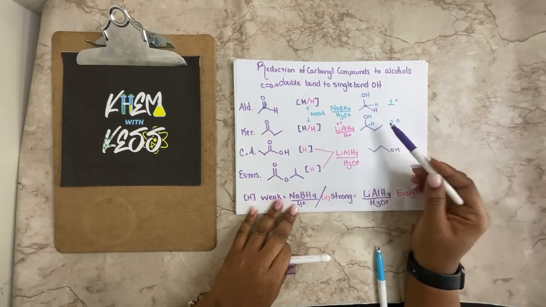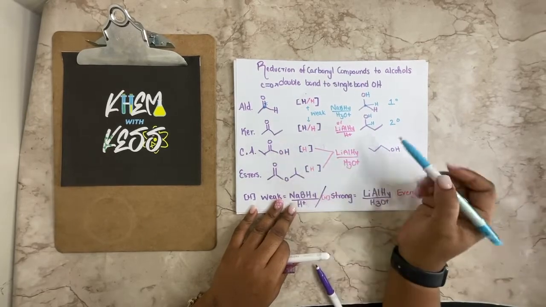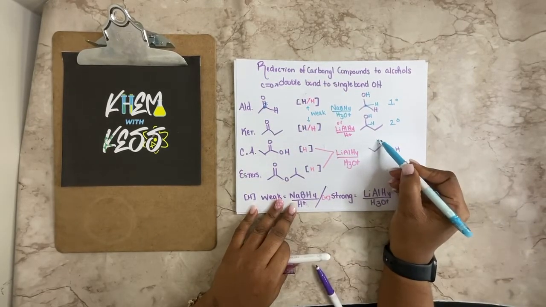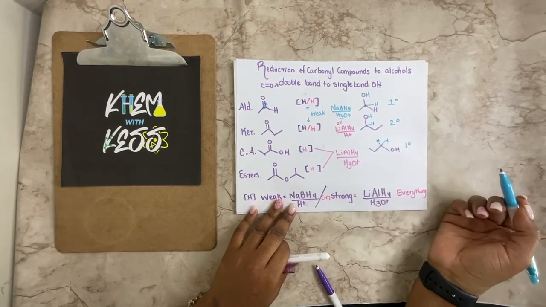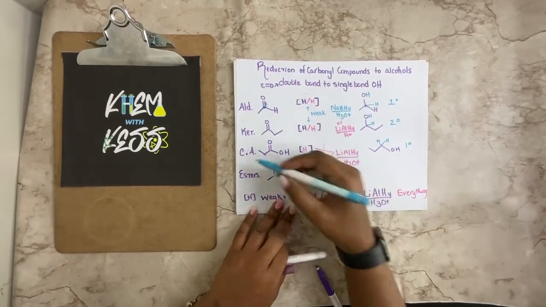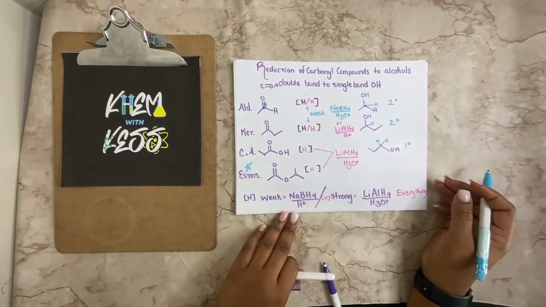The hydrogens that you'll be adding will be replacing this oxygen, so they get added right here, giving you another primary alcohol. Esters are special in all cases, starting now all the way through the end of your Orgo 2 journey.